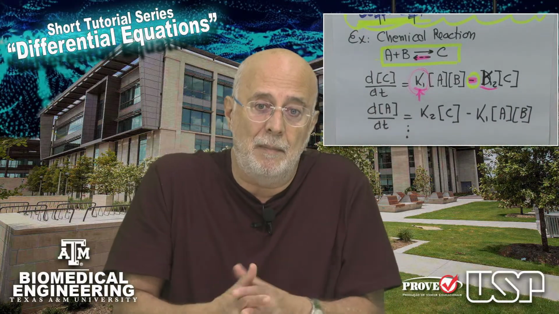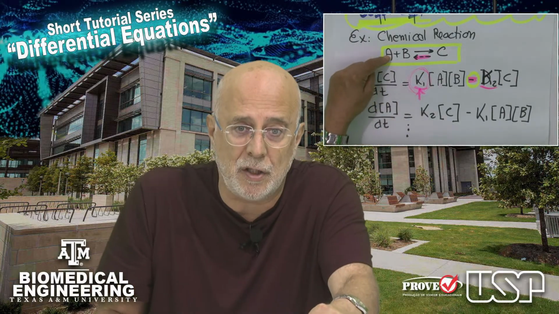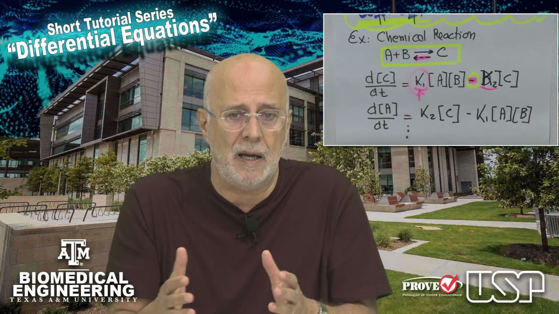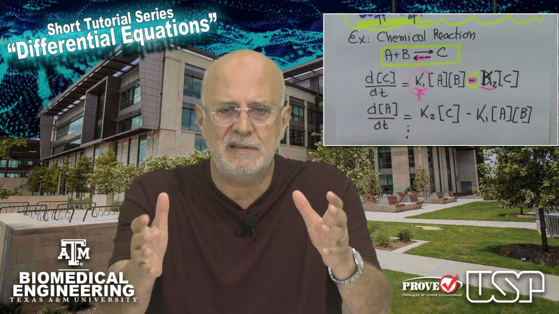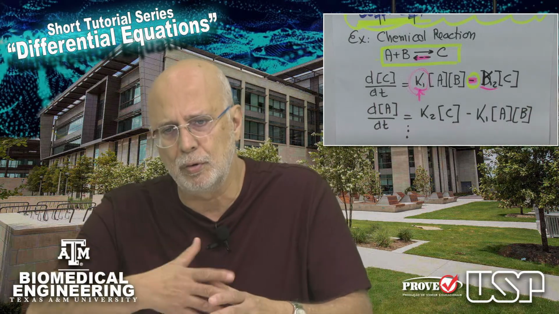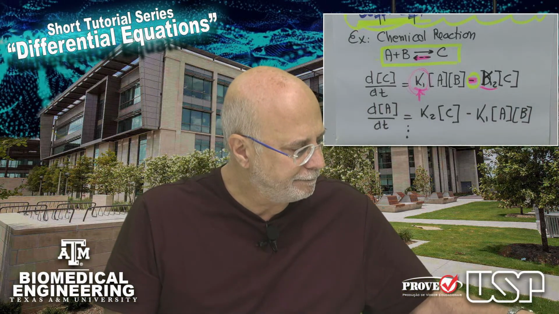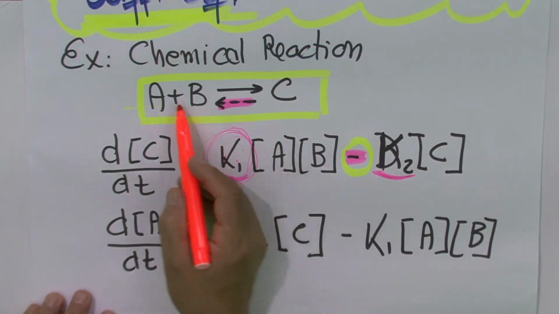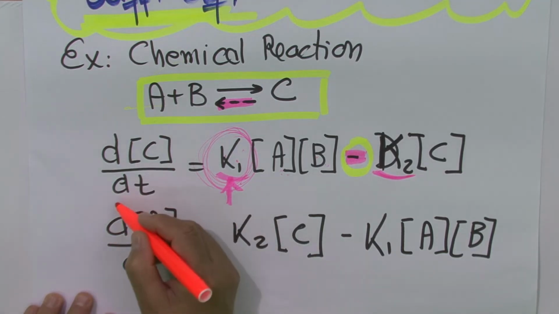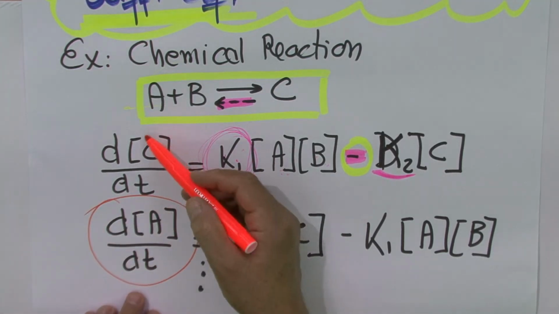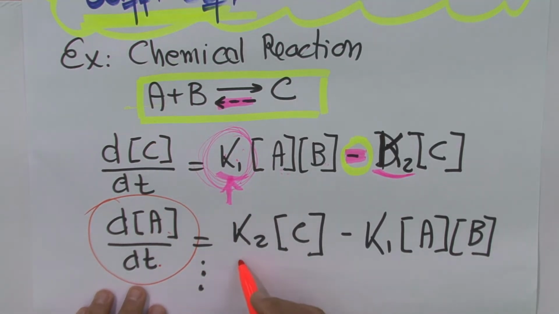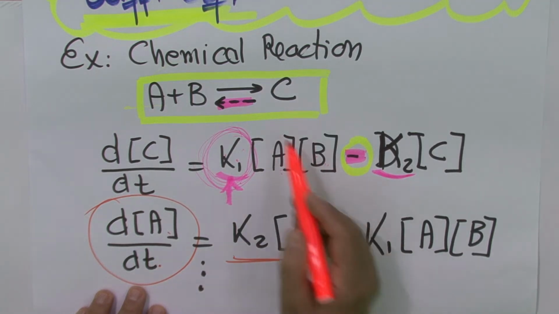Now, maybe I'm interested to know the variation of A. I'm consuming A, so I want to know how much A is being consumed, because sometimes I want to put together a process where I'm feeding molecules to be able to go on continuously. So for the variation of A, now I am on this side of the equation. The variation of A with time, which is the time derivative of the concentration, will have a positive sign for this arrow.